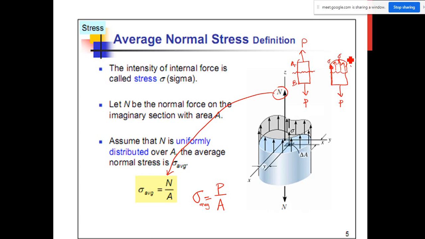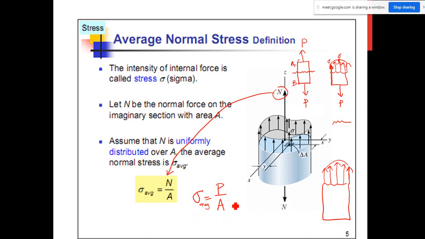But we are not going to analyze a specific location. We are interested to calculate the average. Let's say this is the actual distribution of the stress, which is not uniform.